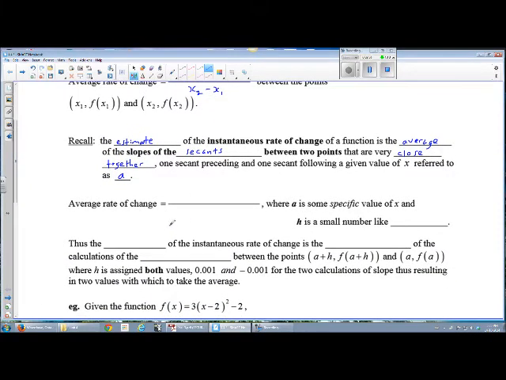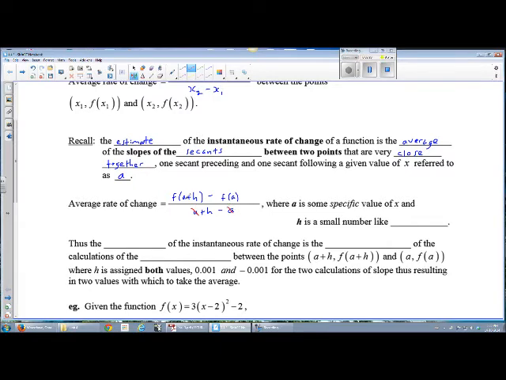Therefore, the average rate of change is f of a plus h minus f of a all over a plus h minus a. And in this way, as we've done in the past, we see that the a's cancel each other out.